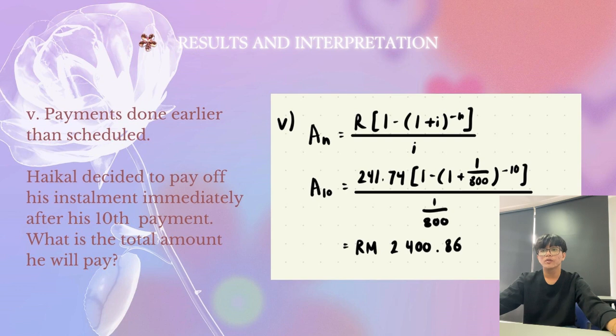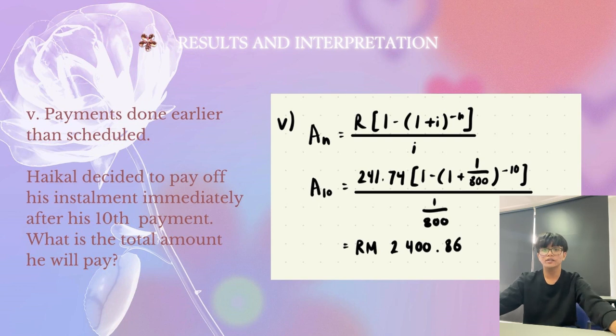We use the formula A equals R open bracket 1 minus open bracket 1 plus I close bracket to the negative N close bracket, per I. And our N is 10 and we use the same R and same I. We just change the N because Haikal pays yearly, then circular.